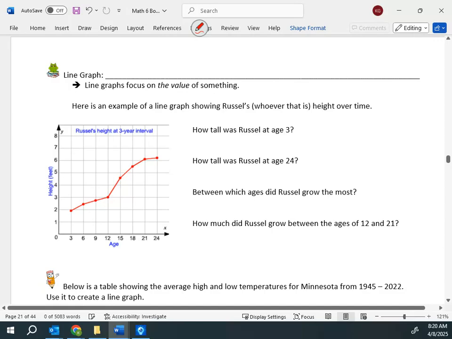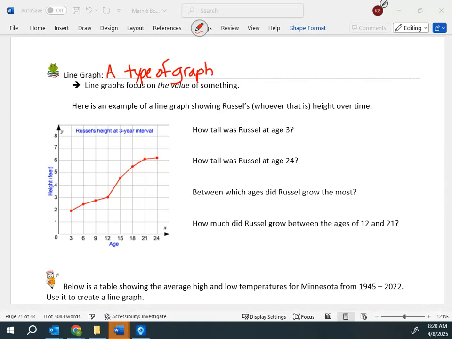A line graph is a type of graph in which points representing data pairs are connected by line segments.